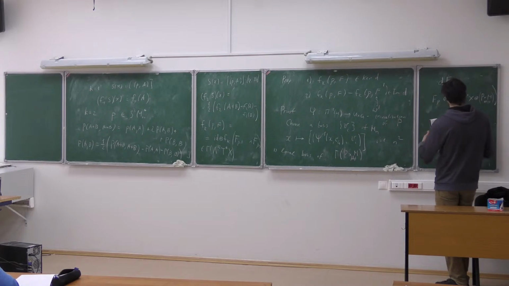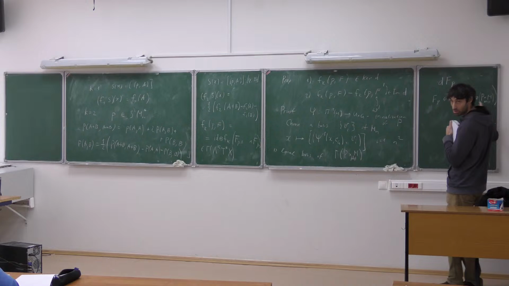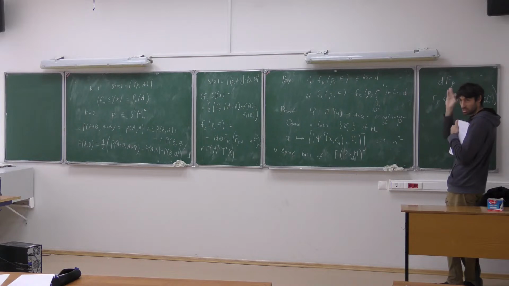I chose a trivialization of this, and once I chose trivialization, D makes sense. If I have any non-trivial vector bundle, it's not so clear what D means; you rather need to choose a connection. But in a trivial bundle, I just take D component-wise.